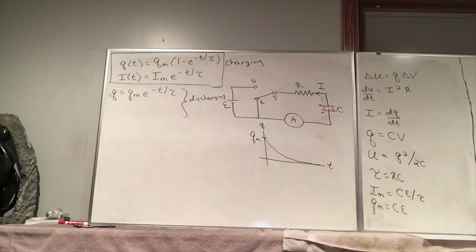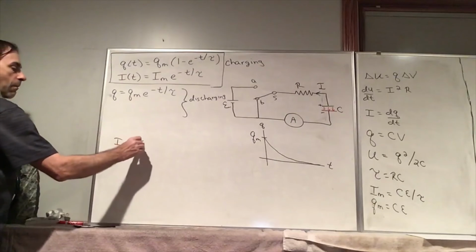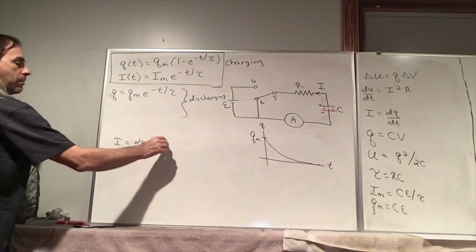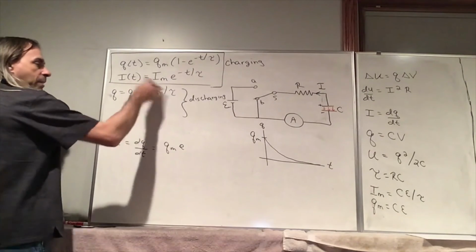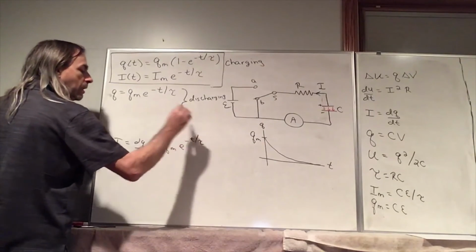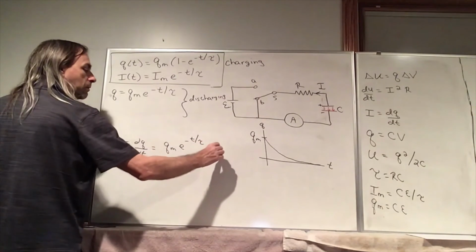And let's look at the current, which we get by taking the derivative. So we have Qm e to the, now taking the derivative of e to the minus t over tau is e to the minus t over tau times minus 1 over tau.